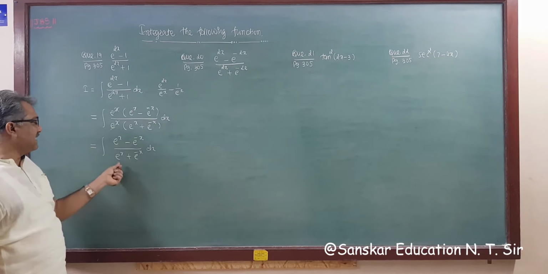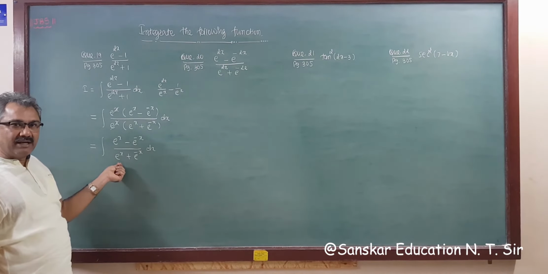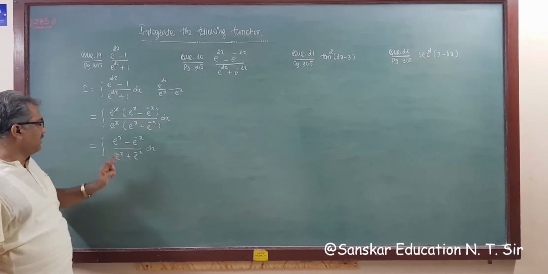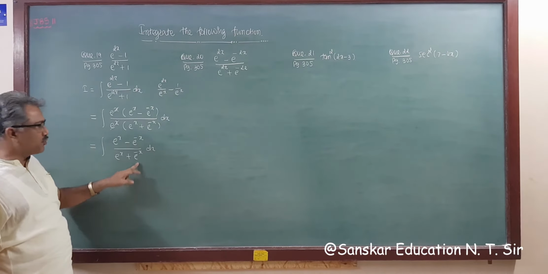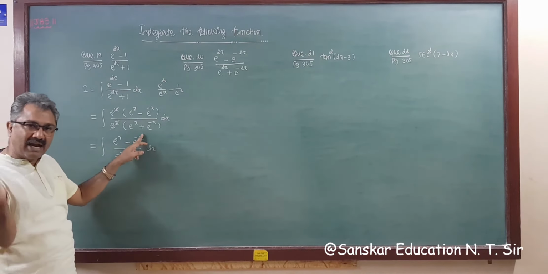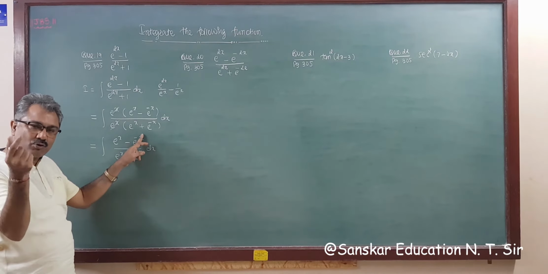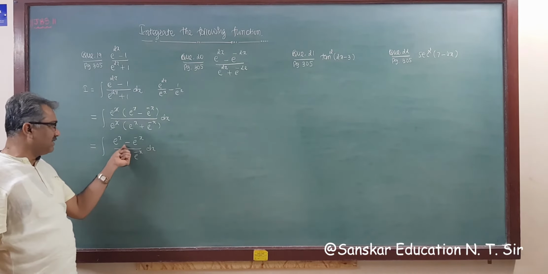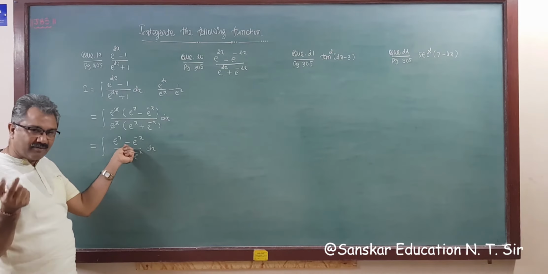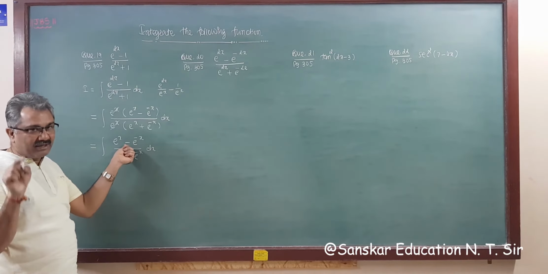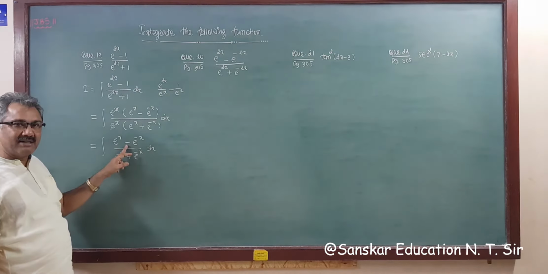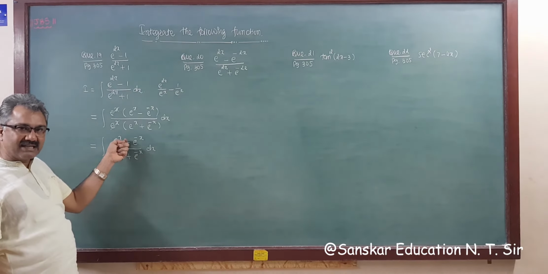Now compare. This is f(x), e raised to x plus e raised to minus x. The derivative of this is e raised to x plus the derivative of e raised to minus x, which is e raised to minus x multiplied by the coefficient of x, that is minus 1, so minus e raised to minus x.